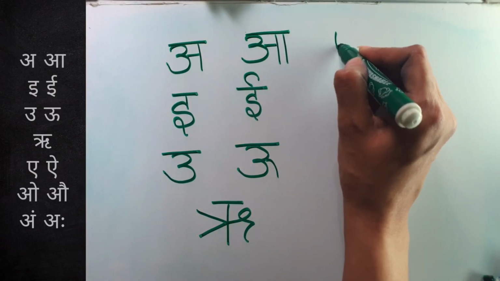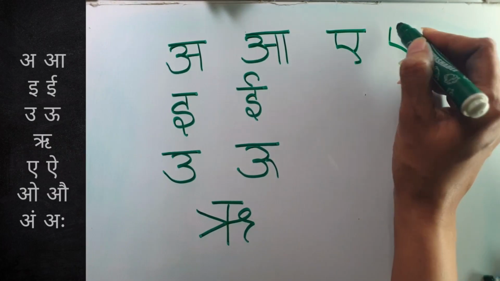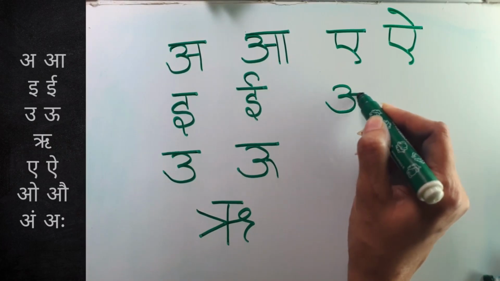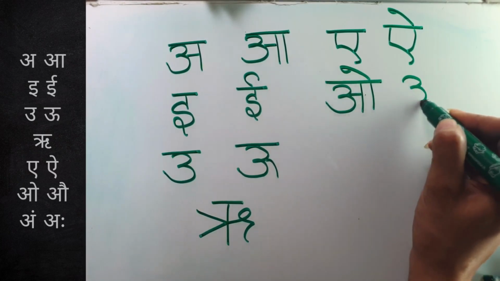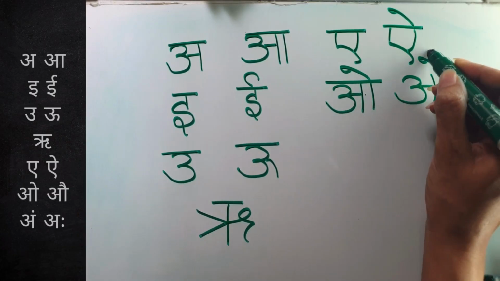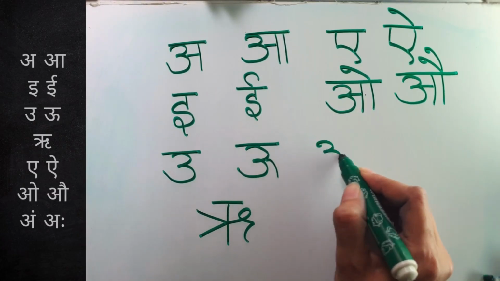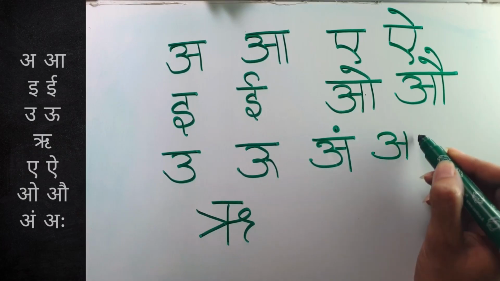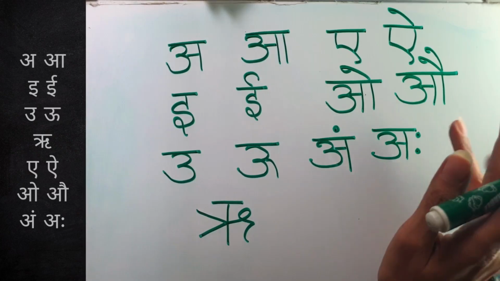Then A, I, O, Au, aha. But that's all. Today we are going to just discuss these letters, these swars or the vowels.